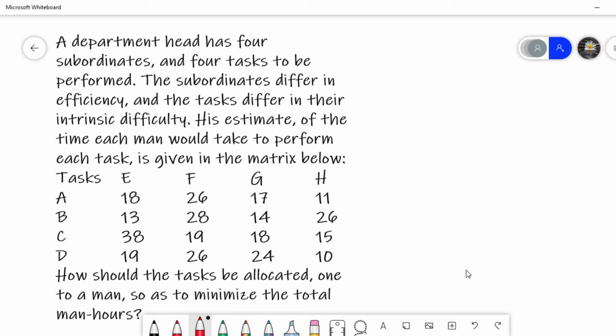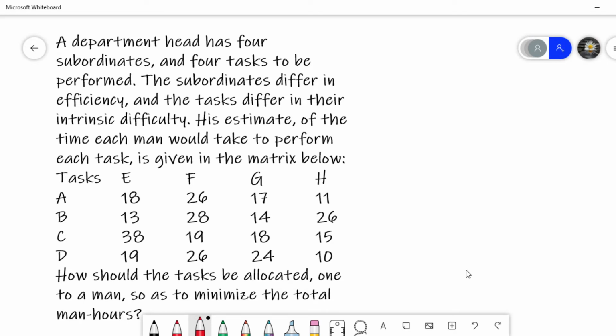We should determine whether the number of tasks is equal to the number of subordinates. Here, the number of tasks is 4, and the number of subordinates is also 4. So 4 is equal to 4. So we move to the reduction phase.